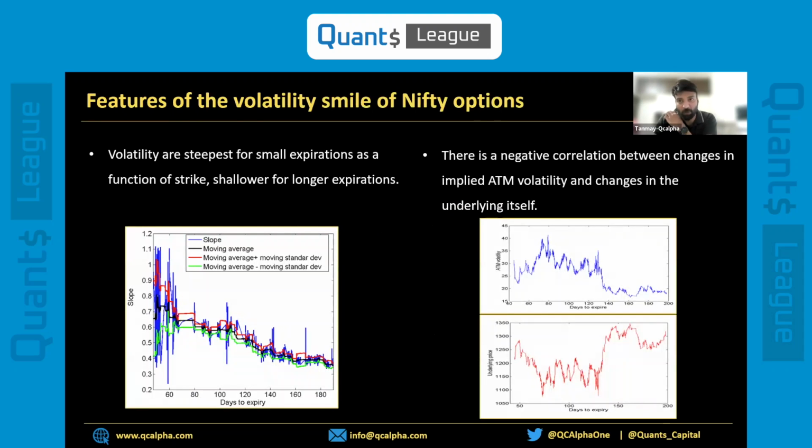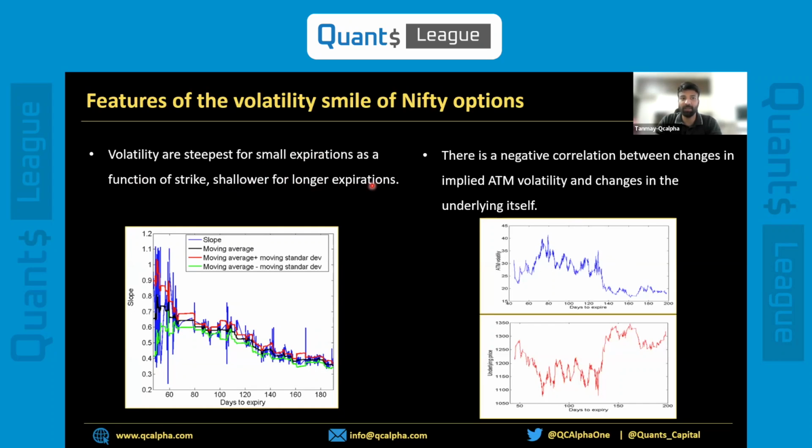So before moving to creating that, let's understand some features which are available in Nifty options. As I showed you, volatility is steepest for small expiration as a function of strike, and shallower for longer expiration.